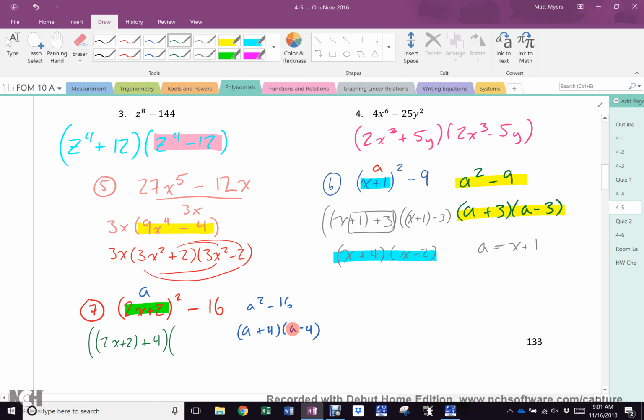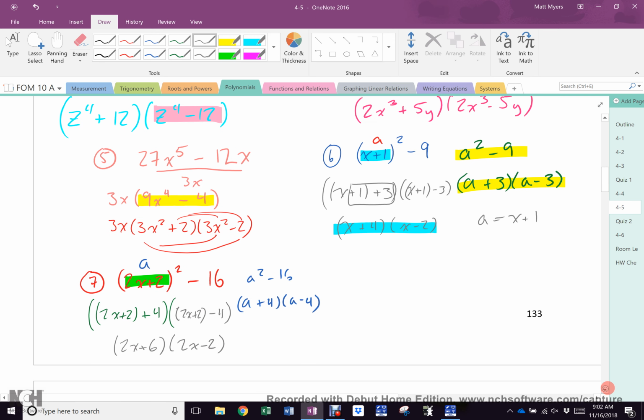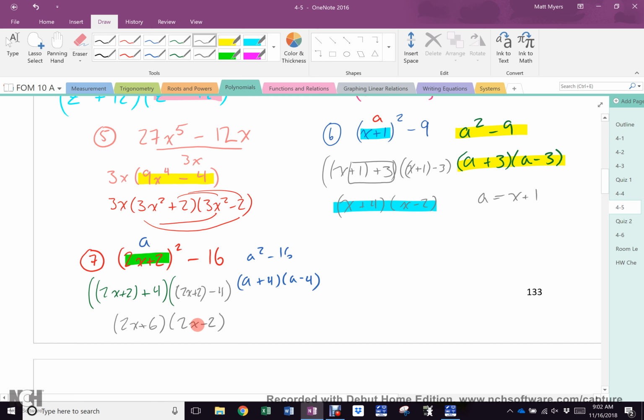And then what do I write here instead of A? 2x plus 2. Then what? Minus 4. What is 2 plus 4? 2x plus 6. What is 2 minus 4? Minus 2. Now, some of you will think you're done there, are you?